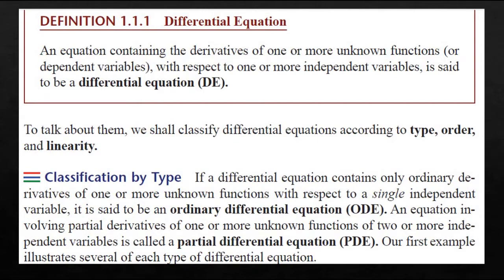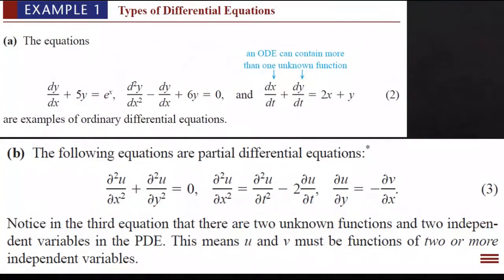Classification by type. If a differential equation contains only ordinary derivatives of one or more dependent variables with respect to a single independent variable, it is said to be an ordinary differential equation. Let's consider examples.